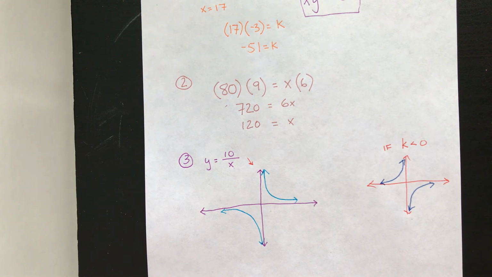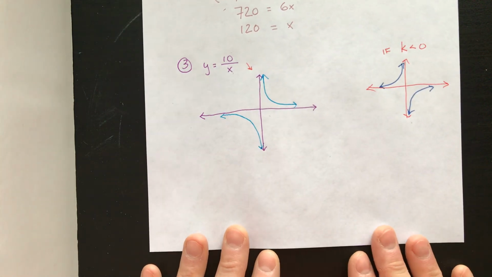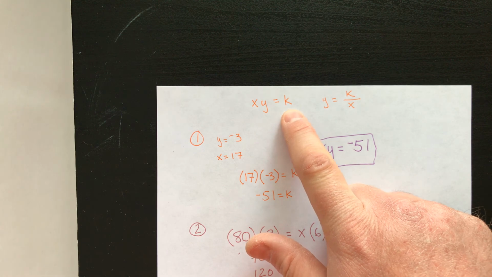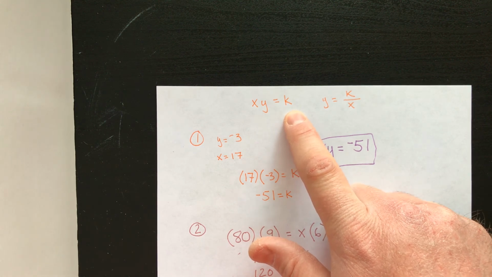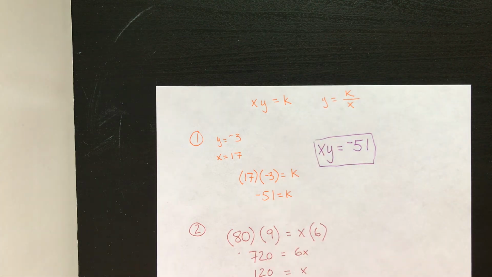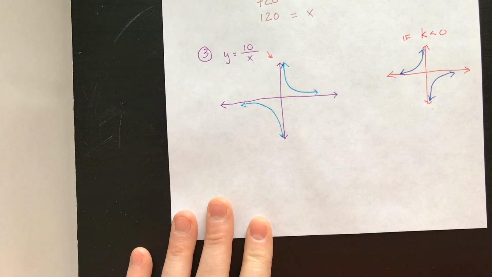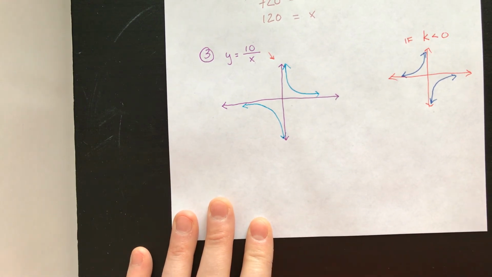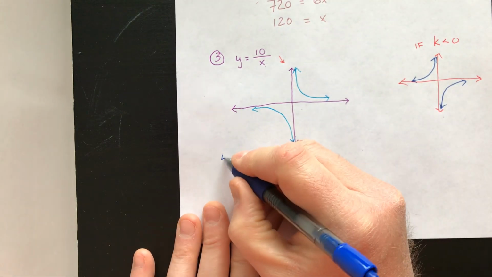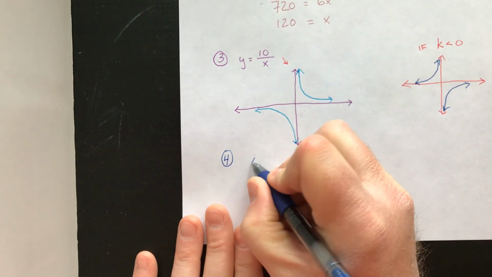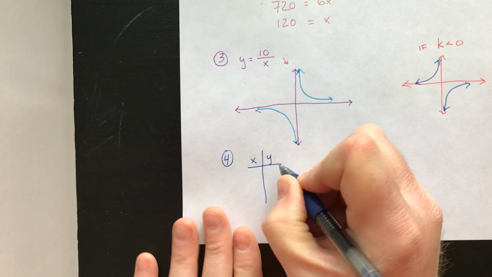All right. Now let's look at number 4. So remember our inverse variation is x times y is equal to k. And remember, direct variation was y over x equals k. And they give us a t-table, x and y.